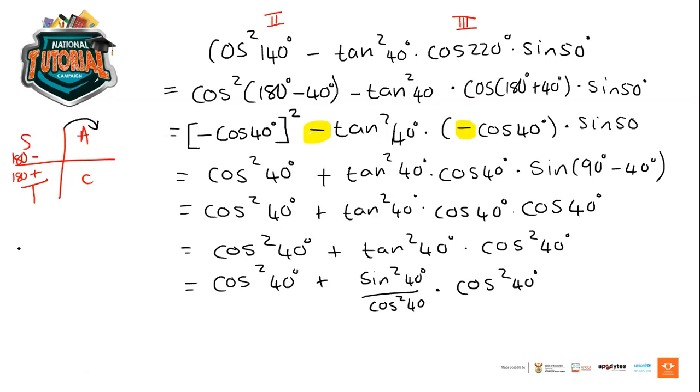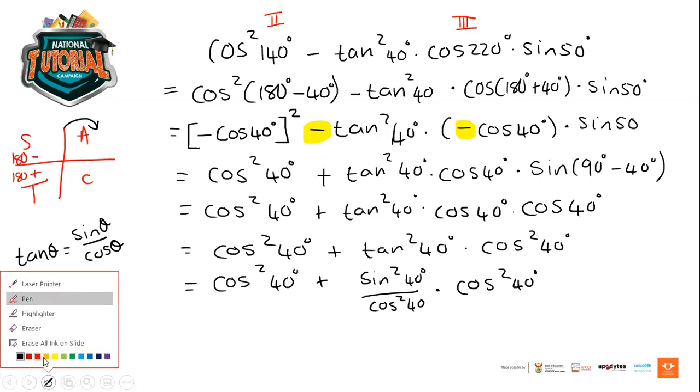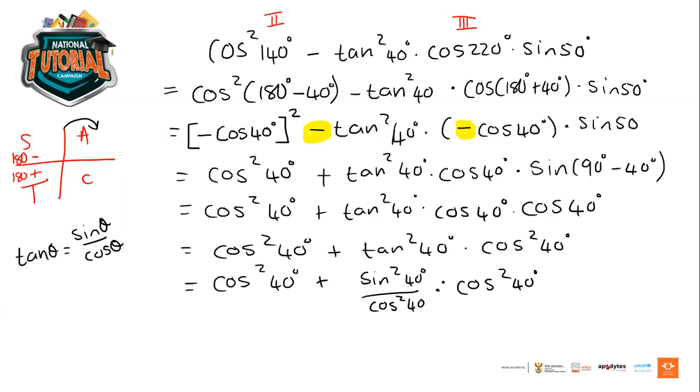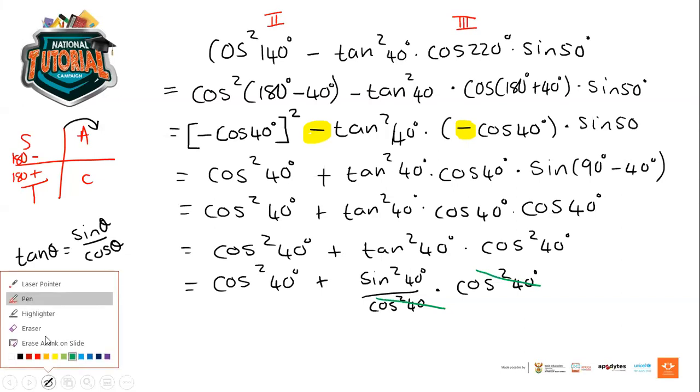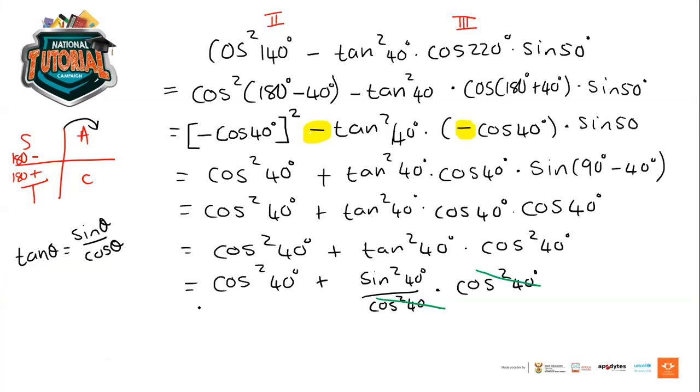So what we used there was the fact that tan of an angle is sine of your angle over cos of an angle. So if I look now, I've got a fraction multiplied by cos squared 40. So this cos squared 40 and this cos squared 40 will cancel out, which is great because now I'm getting more simplified. So what I've got is cos squared 40 plus sine squared 40, and that is another identity.